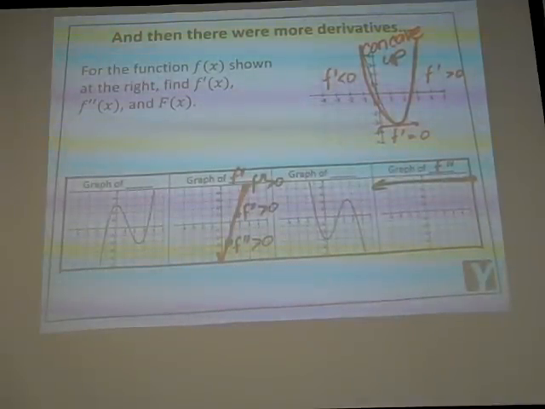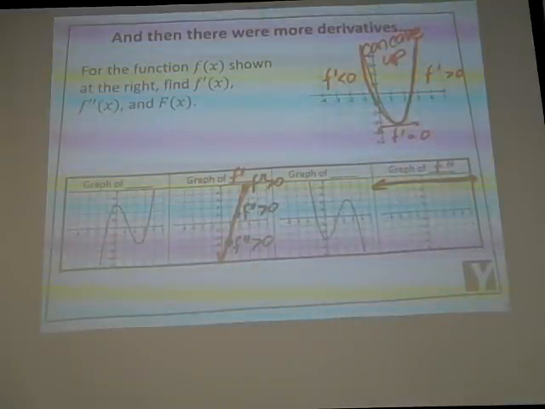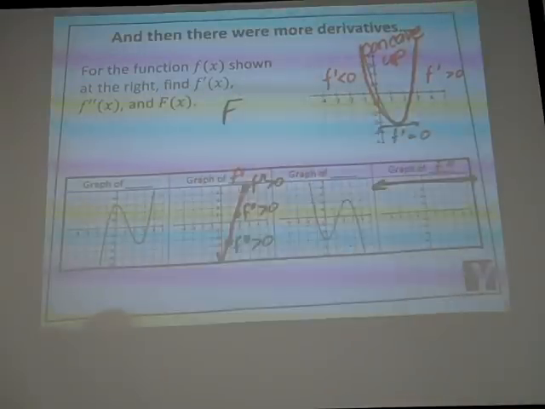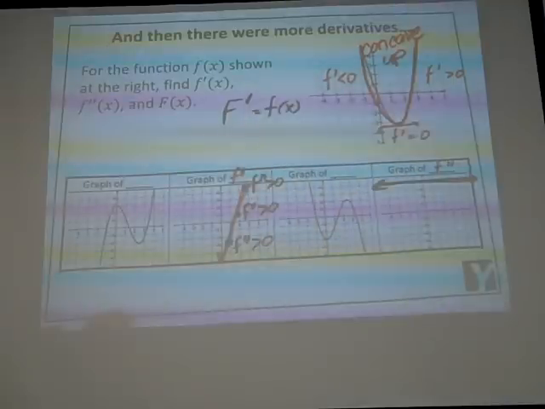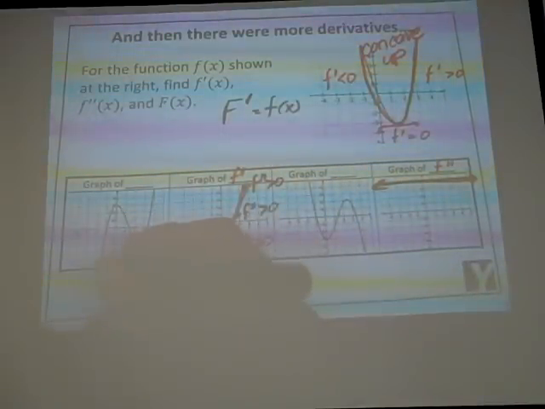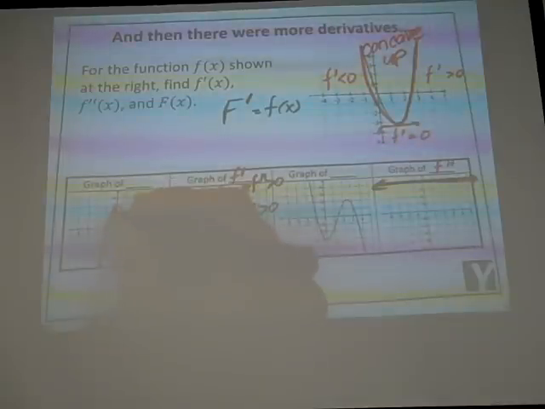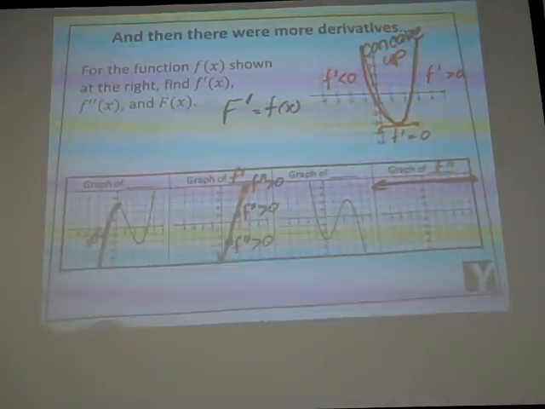Now we need to figure out f, big F, the antiderivative. Well, what's so special about the antiderivative, big F, is that when you take its derivative, you get back your original function. Well, let's look at the graphs here. If this is the antiderivative, I see that the function is increasing until I get to 0.